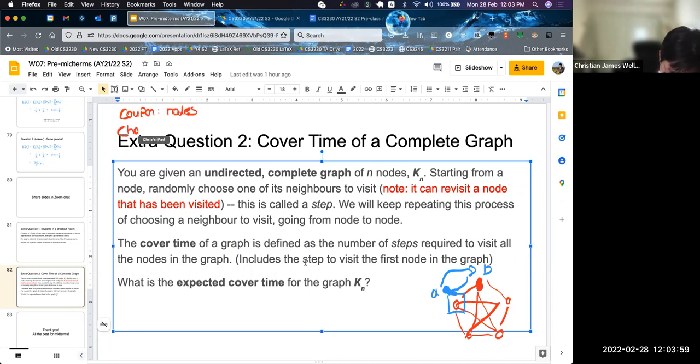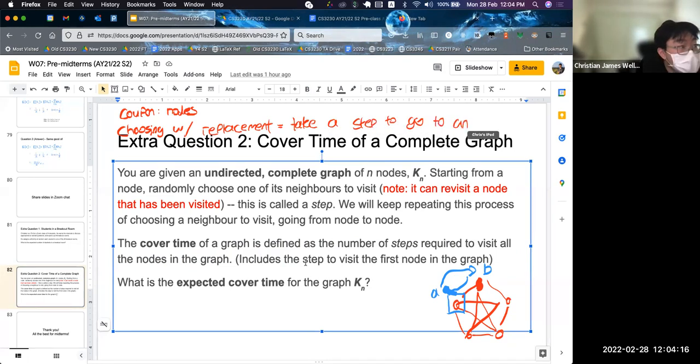Choosing with replacement is basically like taking a step to go to another node, take a step to go to another node. So it's almost identical in the sense that here the coupons are the nodes, right?